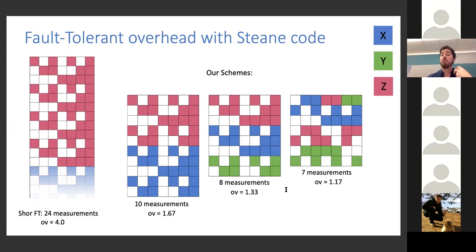And you can do even better if you have the ability to measure general Pauli operators, not only X, Y, or Z, but a mixture of the 3. And then you need only 7 measurements. And we are down there. I think we know that it's not possible to do it with 6 measurements. So it cannot be single shot with this code, but it's almost single shot. And the speed up over Shor is clear.